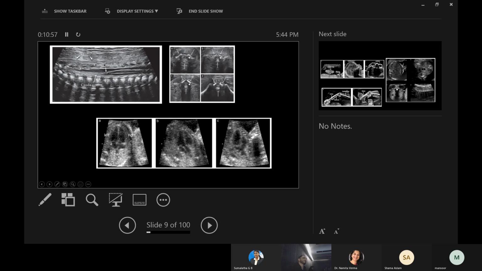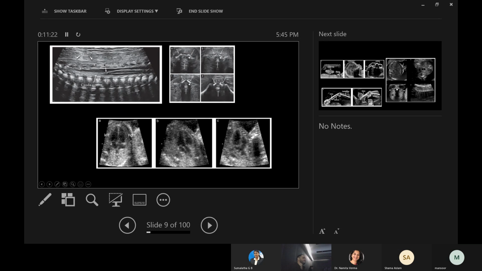This is for the heart. They have given the four-chamber view. They have measured the transverse diameter of the left ventricle at the level of the annulus. So we can also say it is the mitral annulus they have measured, and the tricuspid annulus. No need to measure in your anomaly screening. Just show the four-chamber view. If you're thinking that there is an asymmetry, then you can measure.